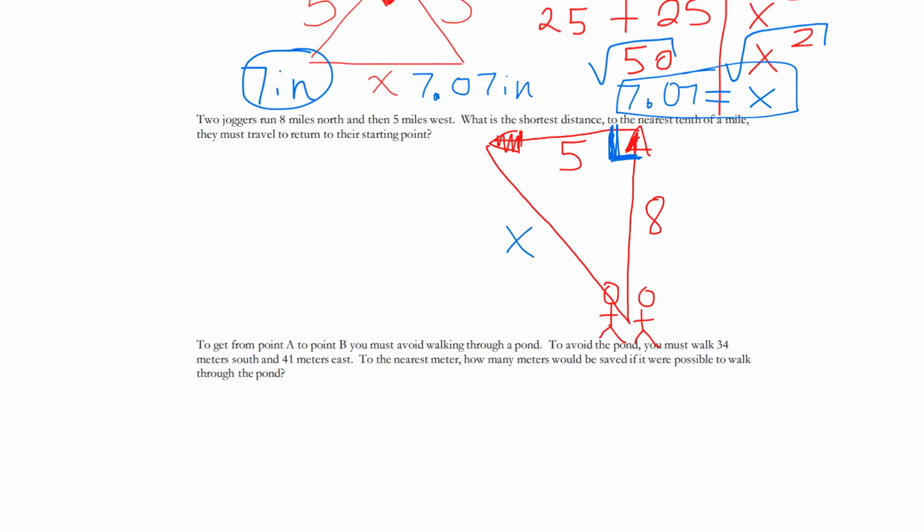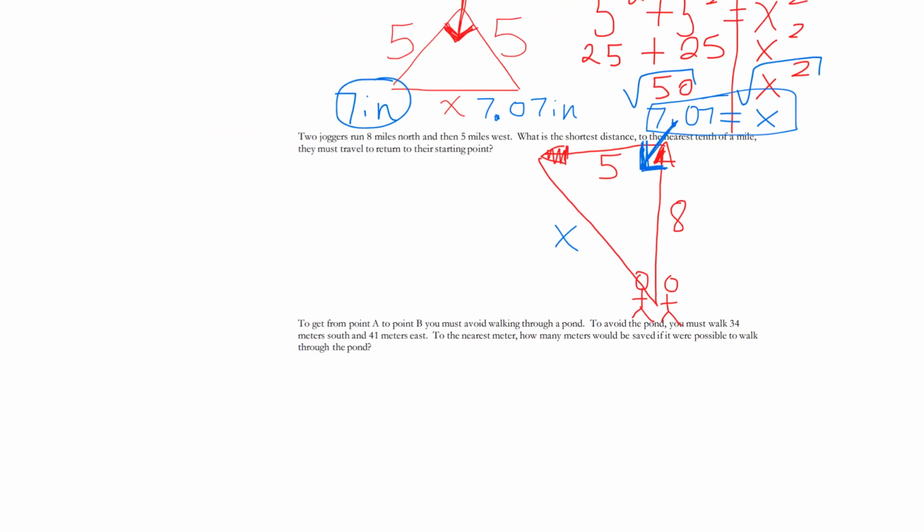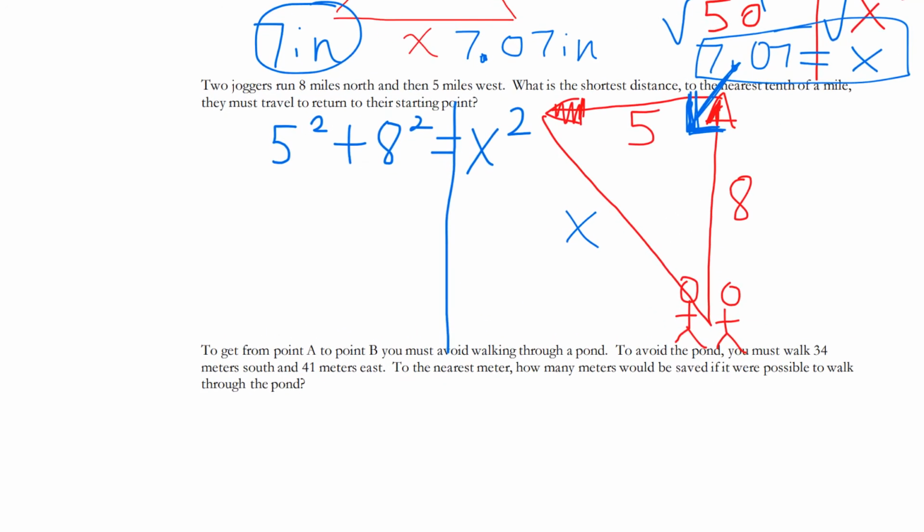So that side we're looking for, is that the A, B, or C? That's the C. All right, again, you got this arrow pointing towards the C. So we have 5 squared plus 8 squared equals x squared. So 25 plus 64 equals x squared.